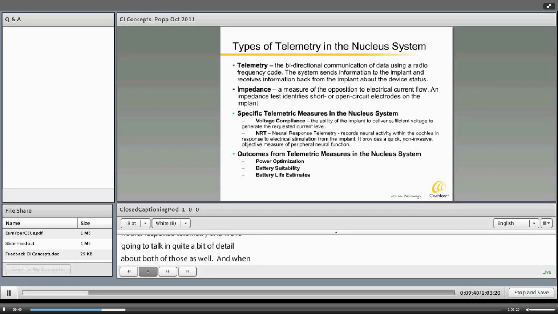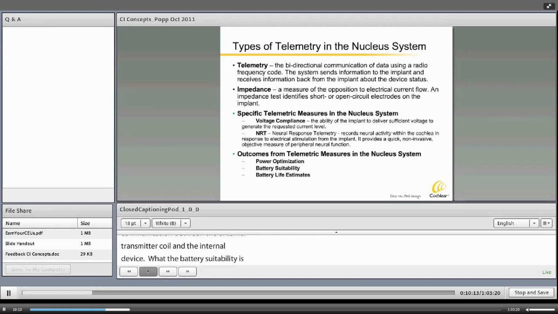And when we use all of these measurements together, that's actually providing us with the information that's necessary to determine what the power level is that is required to send the signal across the skin to maintain a consistent communication between the external transmitter coil and the internal device, what the battery suitability is for that individual map and processor.